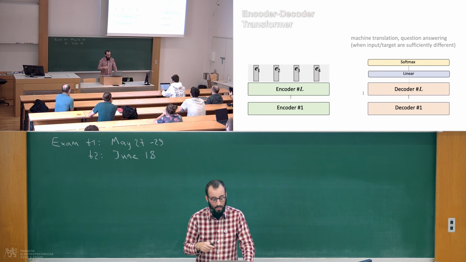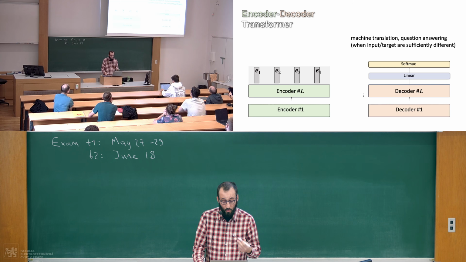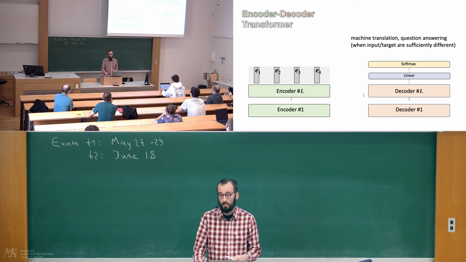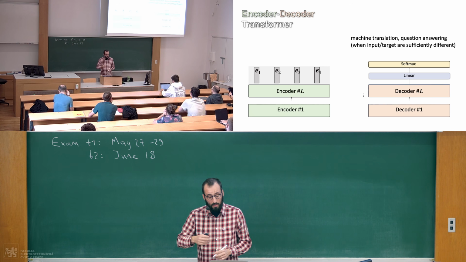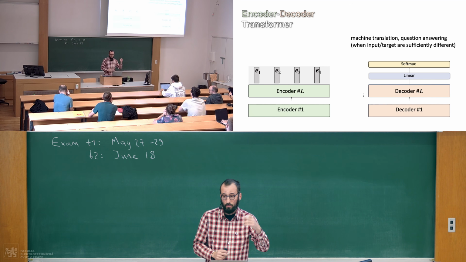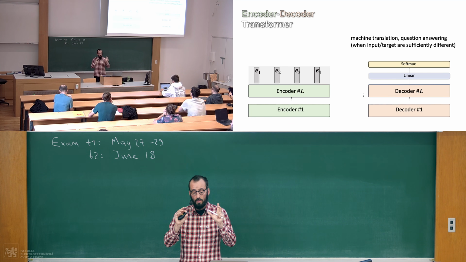So this kind of architecture, encoder-decoder transformer, is quite standard for machine translation. That's why we're presenting it for this one, or for other tasks like question answering. You have a question and then an answer comes. So the summary maybe is that they're pretty common because they're better for cases where there is an asymmetry between the input and the output.